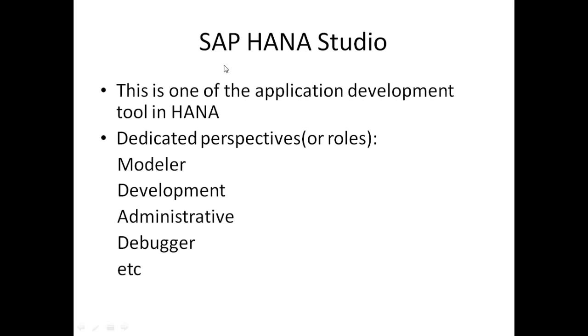So as I've mentioned, it's an Eclipse based tool, but we have also some plugins added into the Eclipse based tool to perform in a way we want HANA Studio to perform, and we won't be discussing that very much, but if you go into the development perspective, that's where we see the functionality of the plugins in HANA Studio.